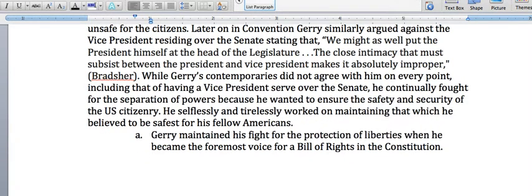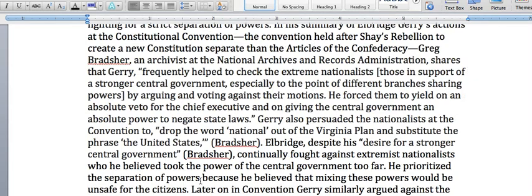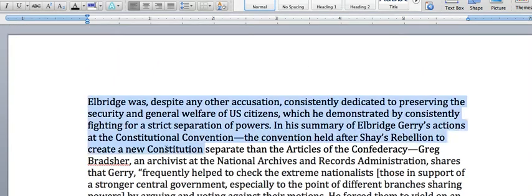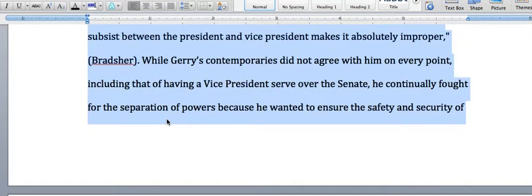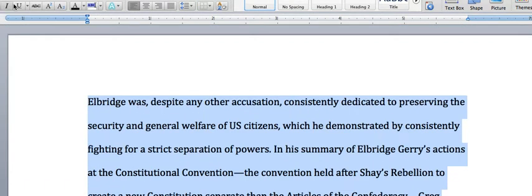Now, I write longer than you guys, but I just want you to see this. Wow, this paragraph is actually probably longer than a half page. Oh my goodness, it is.